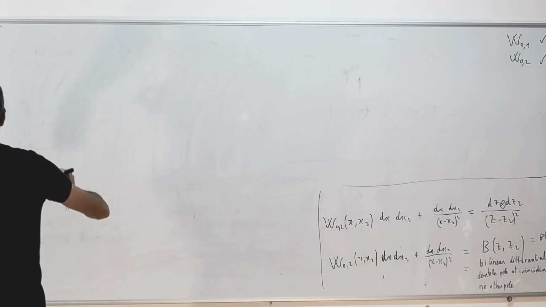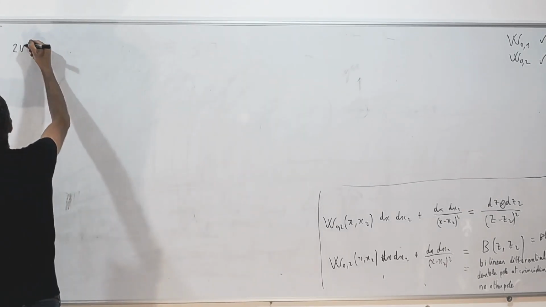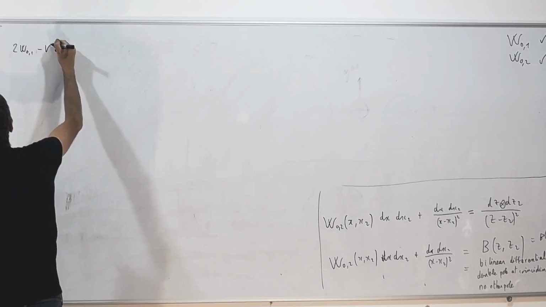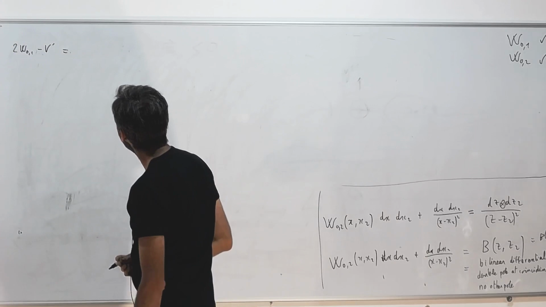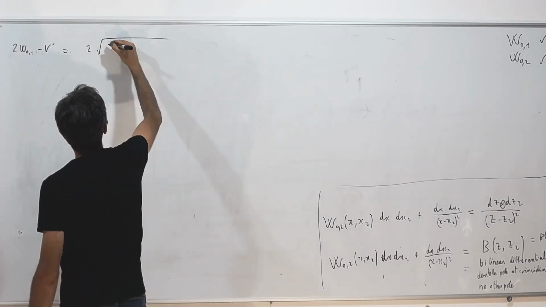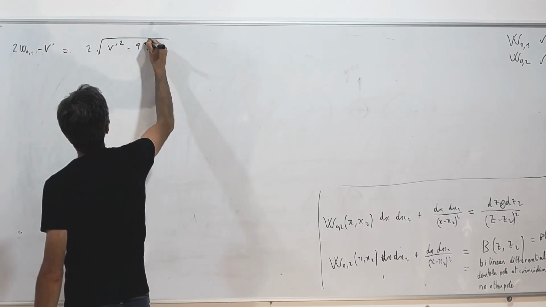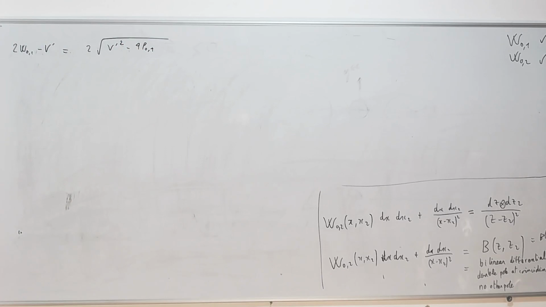And also observe the following. You remember what W01 was, 2W01 minus V prime. It is equal to 2 times the square root of V prime square minus 4P01. No, without a 2, sorry.